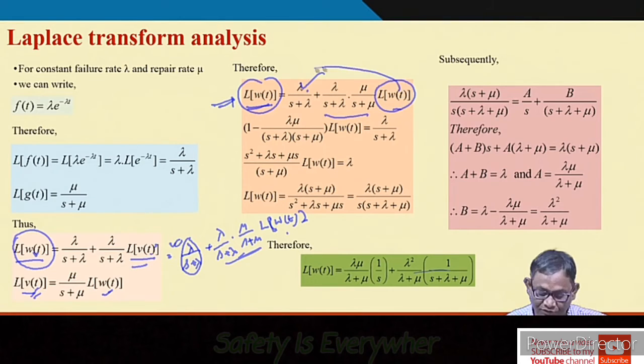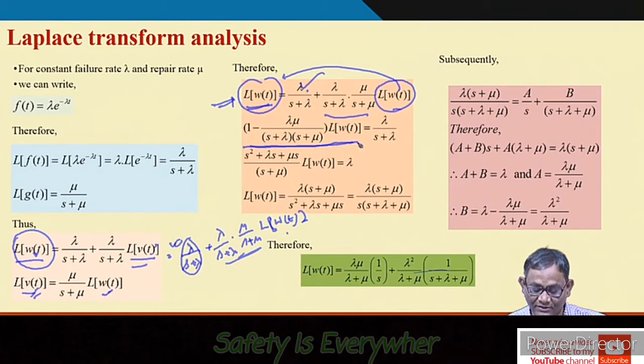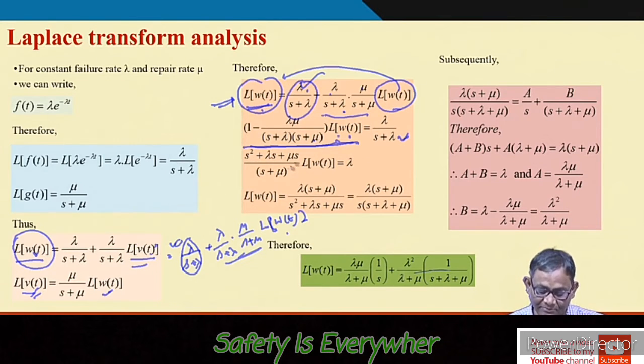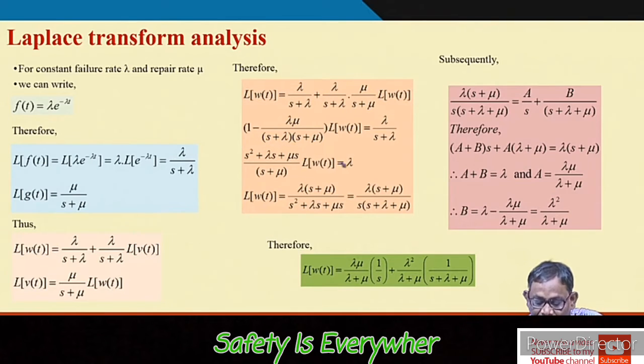So you bring this to this side and do the algebraic manipulation. So 1 minus lambda mu by S plus lambda, S plus mu, into LWT equals this, because this one remains. So after algebraic manipulation you will be getting this equation. This is not tough to do, you just algebraically manipulate, there is nothing great.